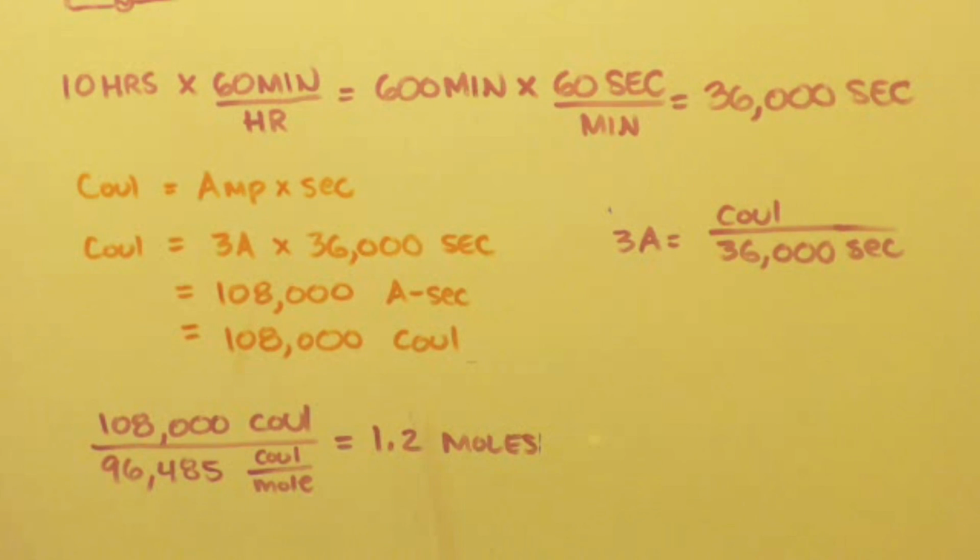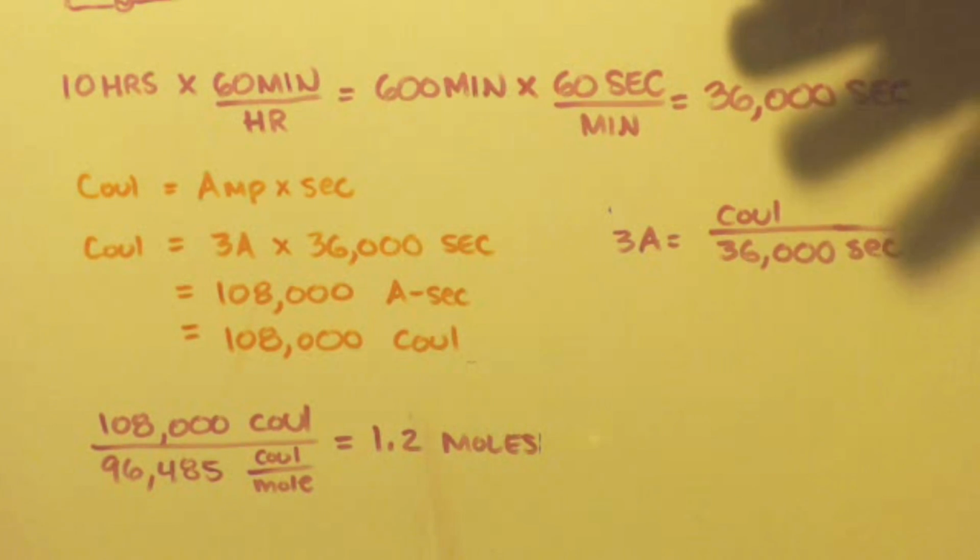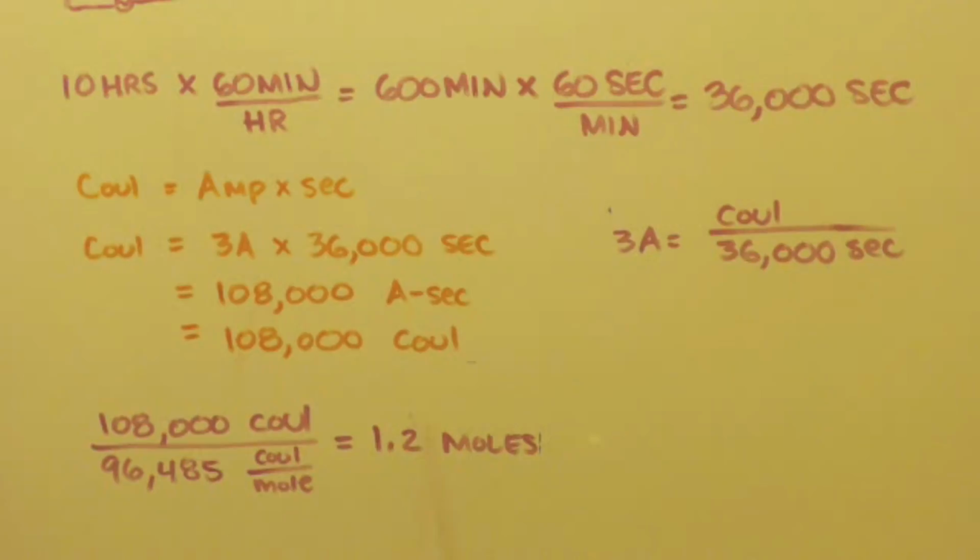Because you're kind of stuck with amps on what machine you have, what DC source you have. Your source, whatever it goes up to, and also your electrodes, because if you have more amps, you need bigger electrodes. So your amps are decided by the size of your electrodes and also your DC source. I mean, if your machine only goes up to 3 amps, then you can only go to 3 amps.